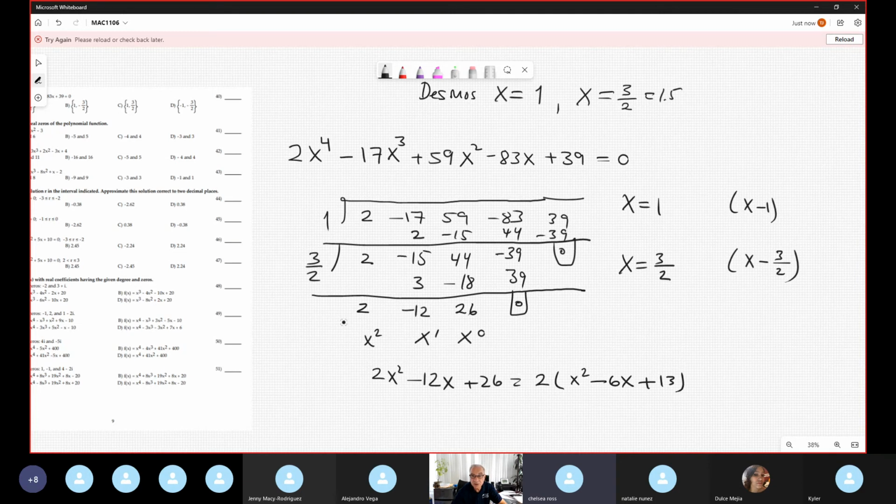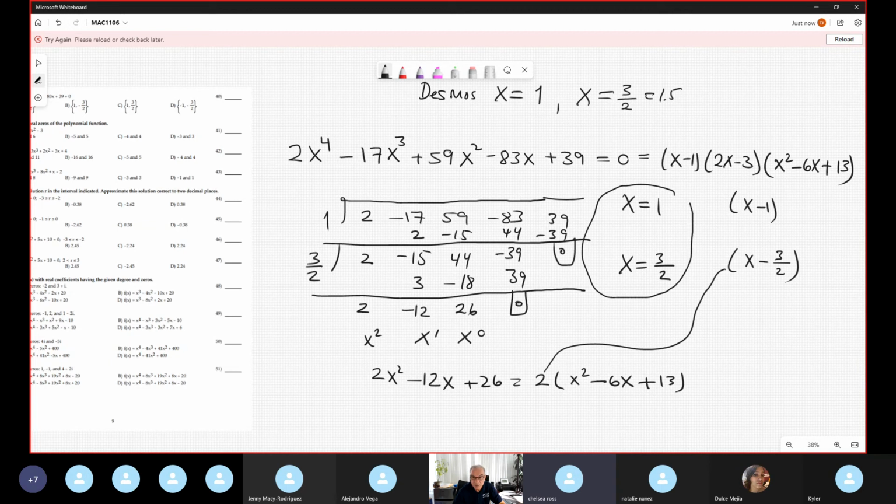Okay, so the factorization of this polynomial is x minus 1, well, these 2 multiplied here is 2x minus 3. You follow me? And x squared minus 6x plus 13. Do you follow me? Yes. Aha. Now, the answer is this.